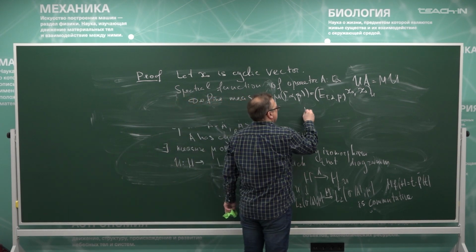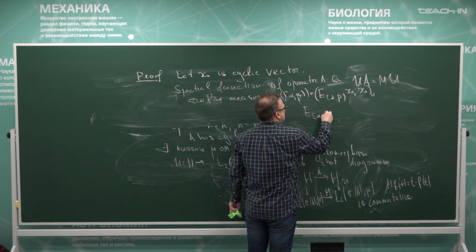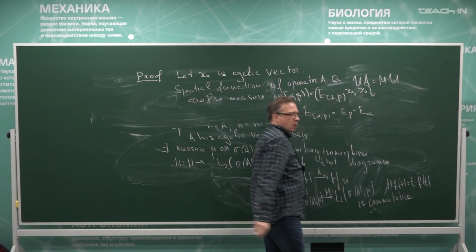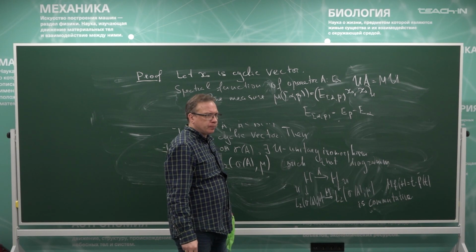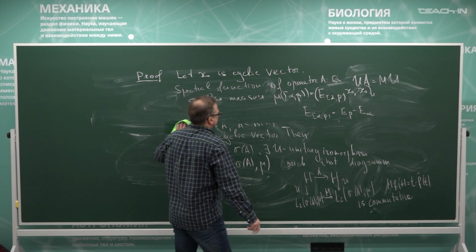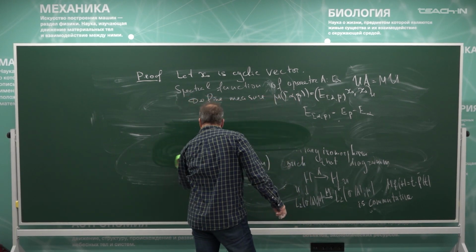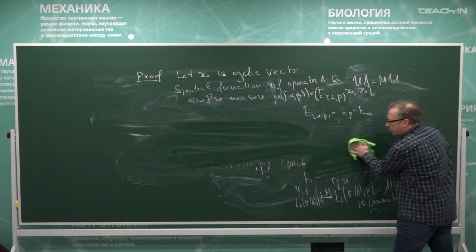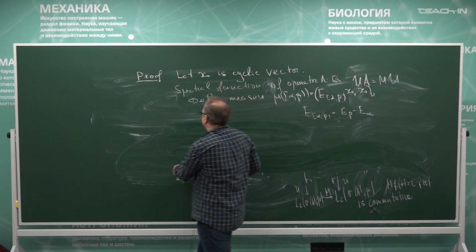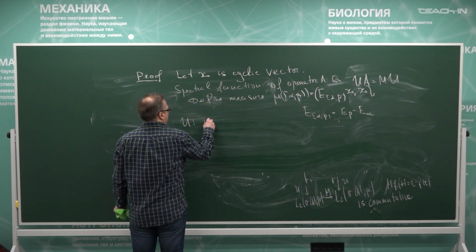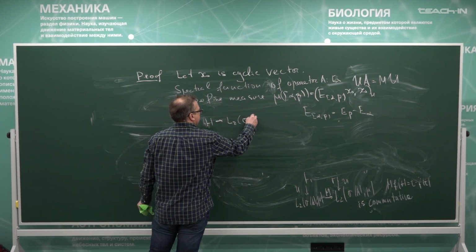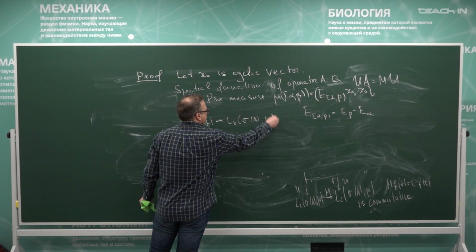And this family is defined as follows. And then we define the unitary isomorphism U from our space H to L2 on the spectrum with this measure.